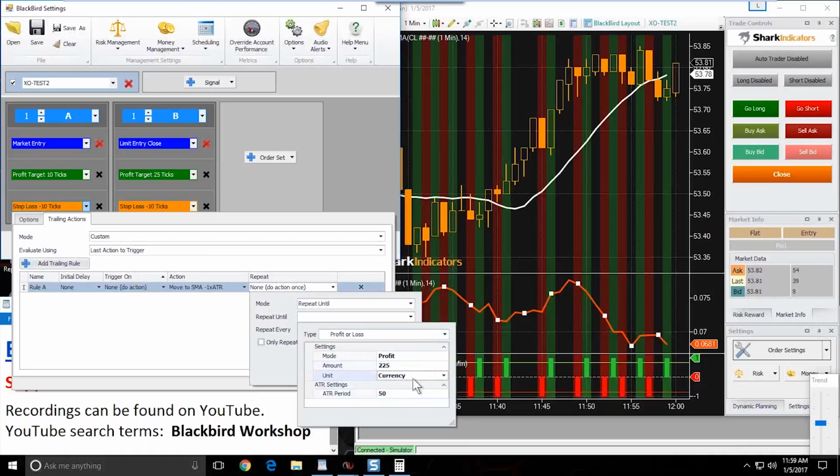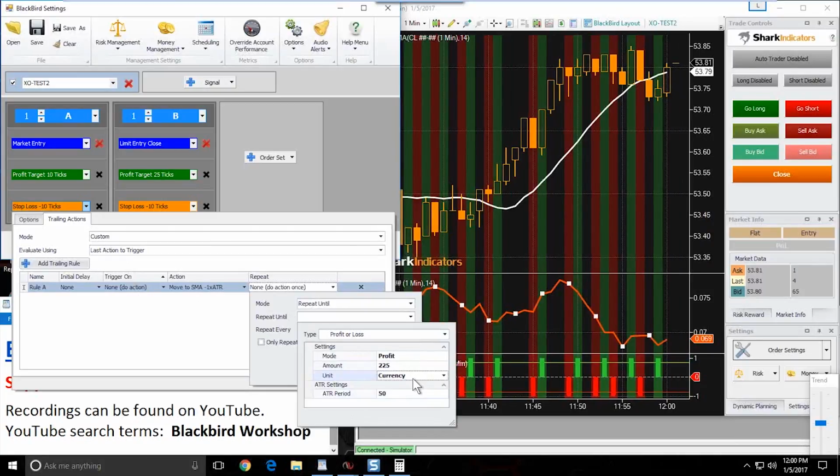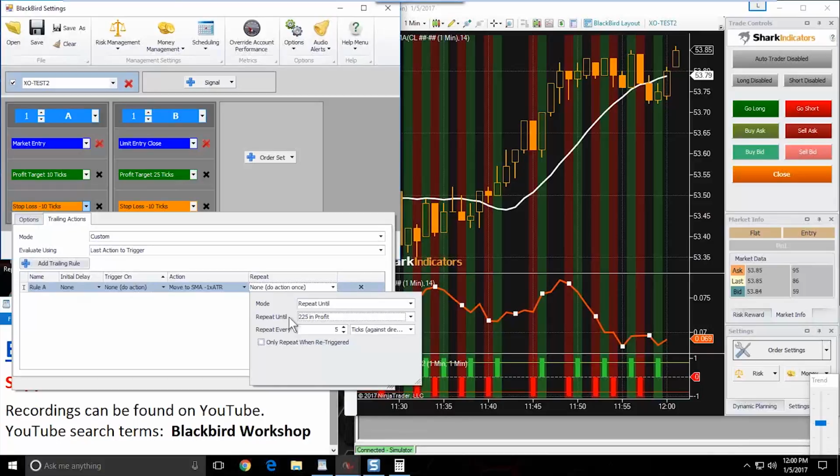Once we get to $225 in profit, we stop repeating this trailing rule, so the stop loss would stop trailing after $225 in profit. So there we go. Repeat until $225 in profit.